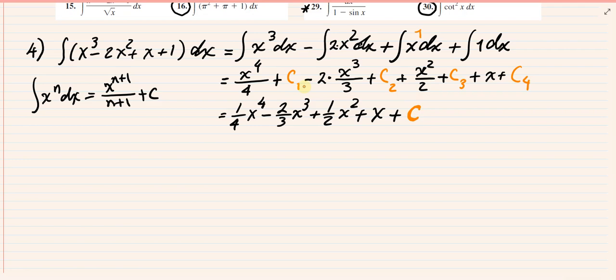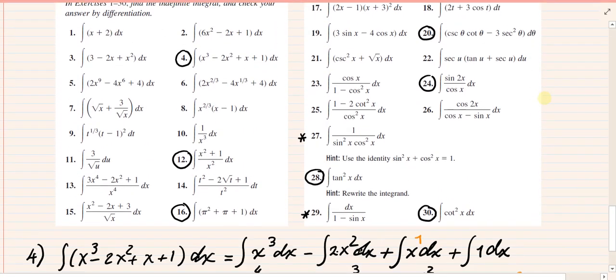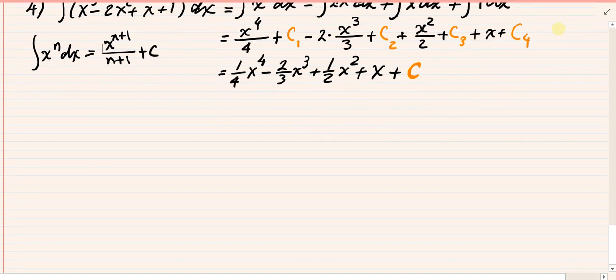We are done with exercise number 4. Now the question says to check by taking the derivative of this to make sure it works. I'm just going to do a cursory check here. The derivative of 1/4 x to the 4th is x cubed. Of 2/3 x cubed, that's going to be 2x squared. Of 1/2 x squared, that's going to be half times 2x.